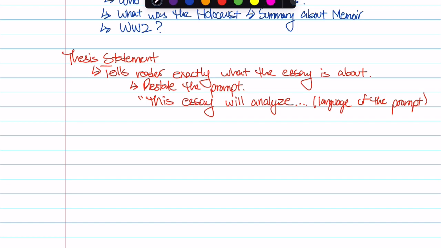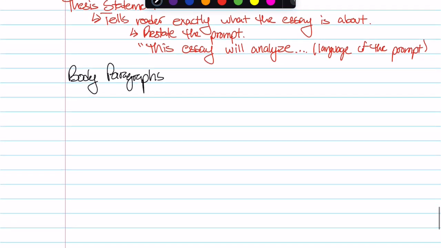Now we want to move on to our body paragraphs. Okay, and we just did the tool, so I'm not going to touch too much on the body paragraphs, because we just outlined everything. But remember, they need to start with a claim. Then you need to provide evidence to support that claim.